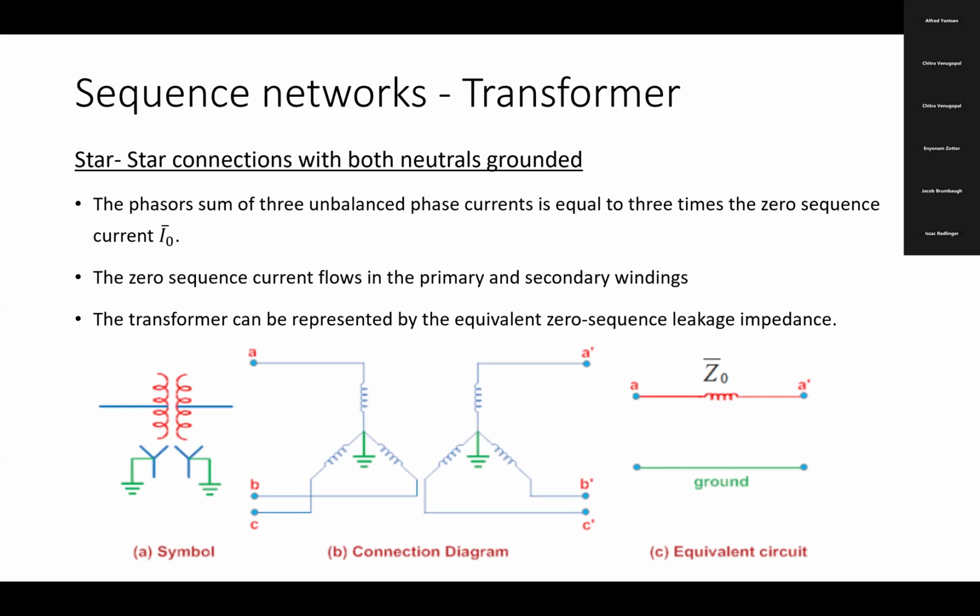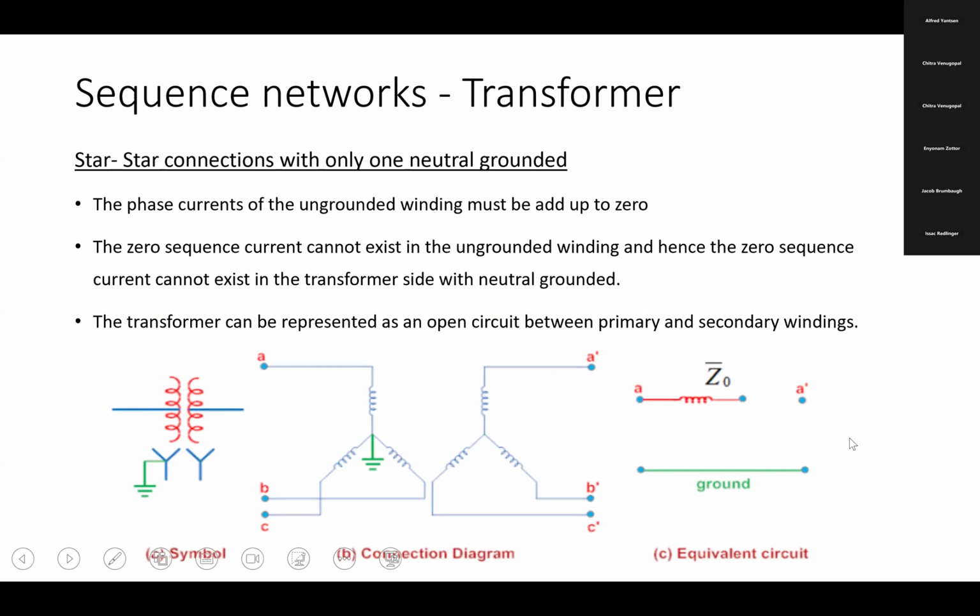And then the next combination is star connection with only one side neutral grounded, the other side not grounded. You can see here, both are star. One side is grounded, the other side is not grounded. So on one side from A, you put the ground, but it is not connected to the secondary, because the secondary is not grounded.